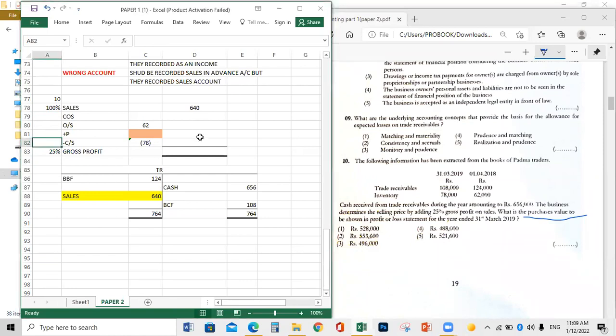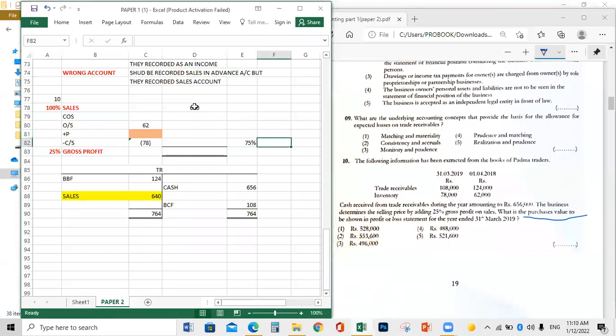Now you need to find how much is this 75%. Now you know sales minus cost of sales is gross profit. If sales is 100% and gross profit is 25%, that means your cost of sales will be 75%.